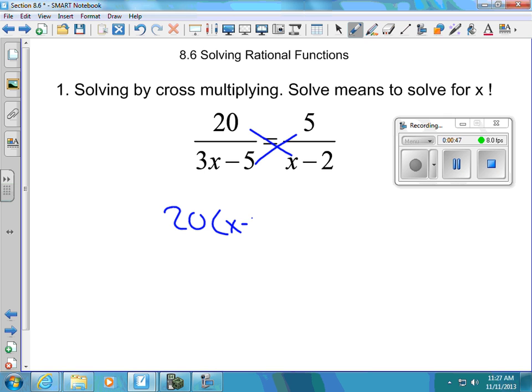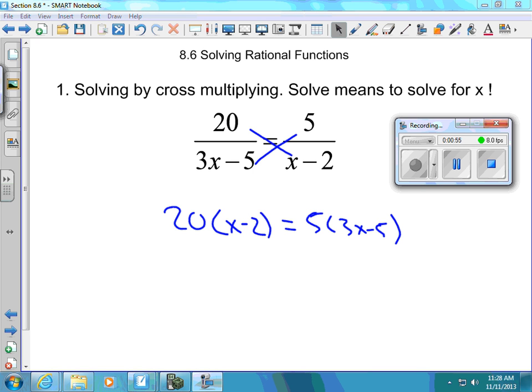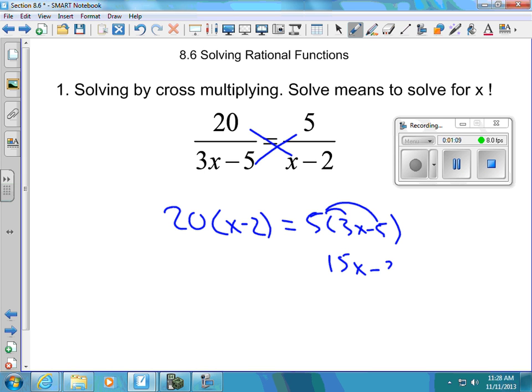20 times x minus 2 equals 5 times 3x minus 5. You can go lots of different ways with this one. Probably most of you would just distribute the 5 to the 3x minus 5 and get 15x minus 25.